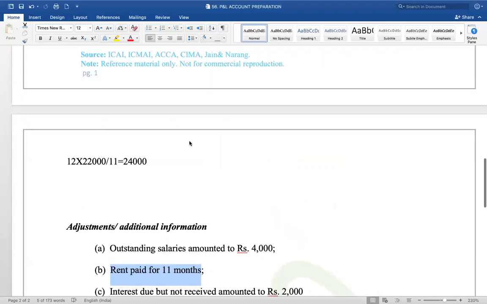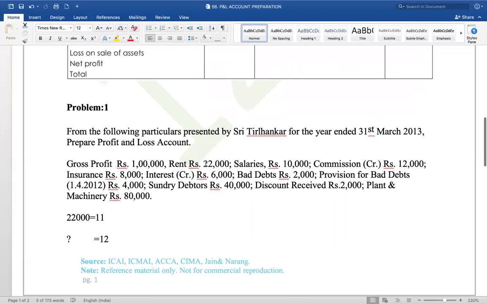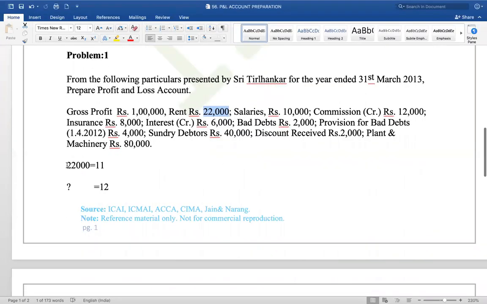What is that? This 22,000 is only for 11 months, but what we had to account for is 12 months.